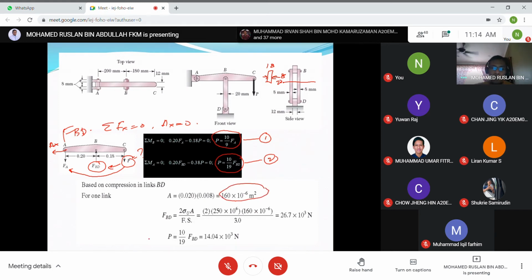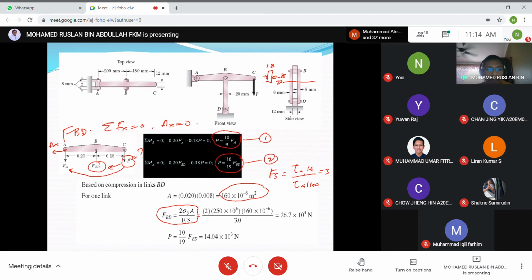And this is actually the relationship for the Fs. So we have Fs equal to tau ultimate divided by tau allowable, and Fs equal to 3. This is for the pin.